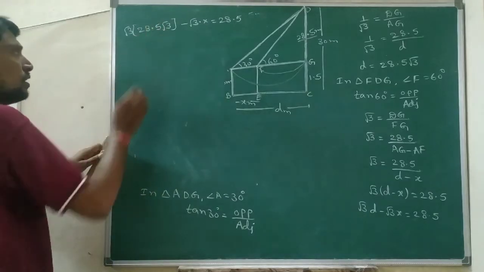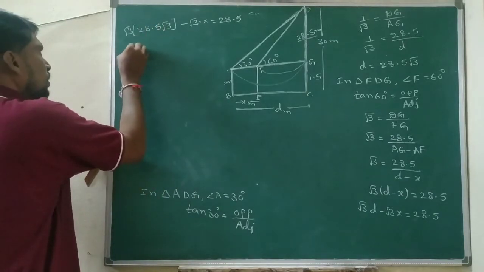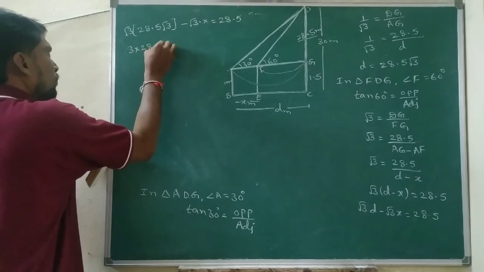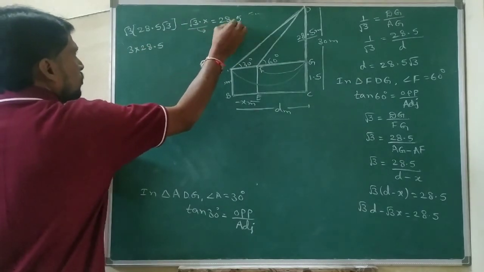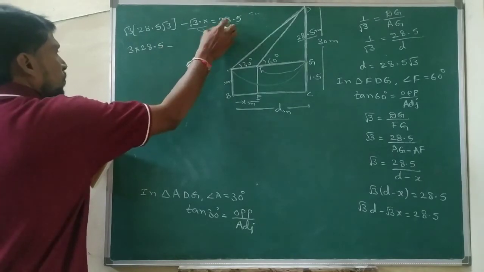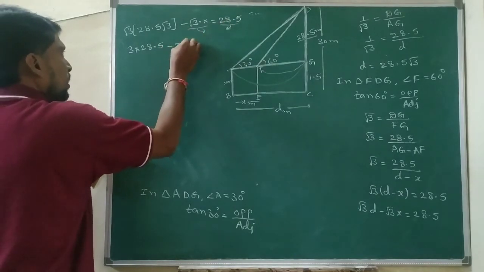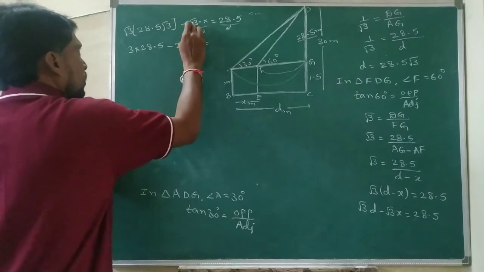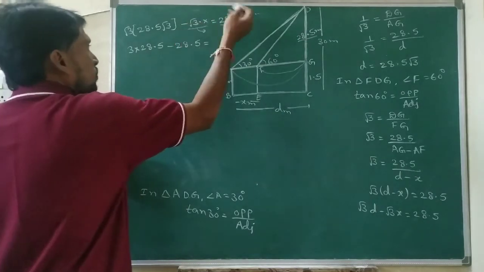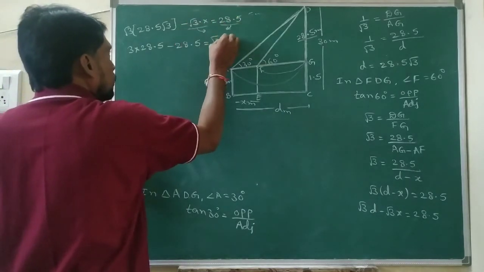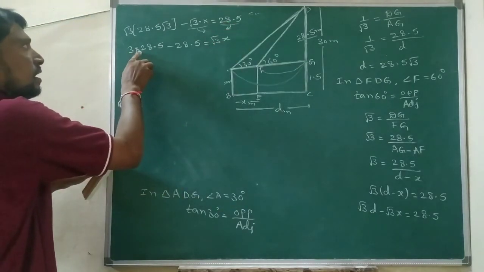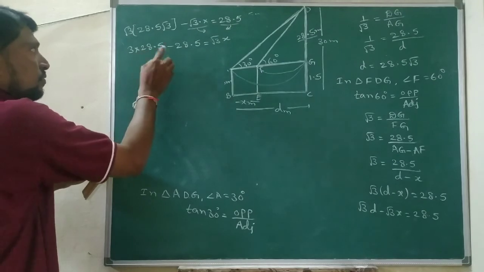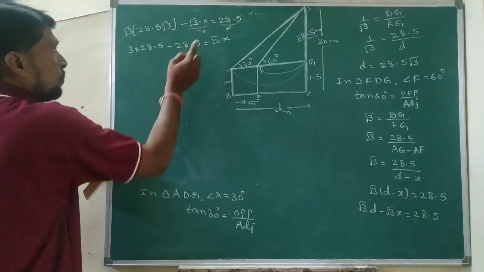So root 3 into root 3 is 3, so 3 into 28.5. This root 3X I'm transposing to the right, and this 28.5 I'm transposing to the left, so it becomes minus 28.5, and minus root 3X becomes plus root 3X. So 3 into 28.5 minus 28.5.